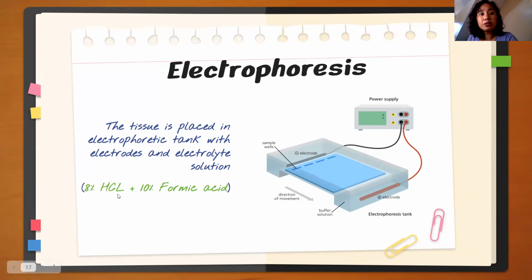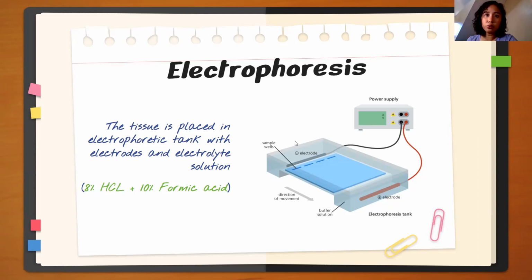So, based on my research class, kasi ang nasa module, 88%. Ang na-search ko naman, 8% hydrochloric acid plus 10% formic acid. Yan daw yung electrolyte solution where you're going to place your bone. So this electrolyte solution, if you apply electricity, the ions will move to the poles kung saan sila attracted. Yan. So this is your electrophoresis tank.